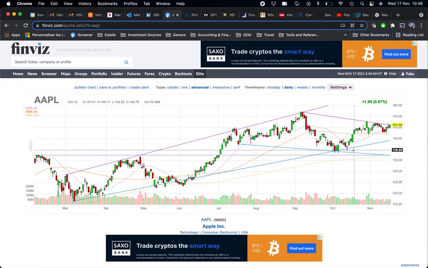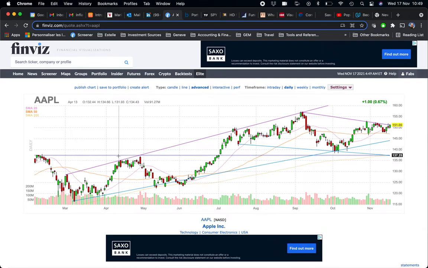You can put your stop loss at 139 or even a little bit below this horizontal support line. You see here at 138, 137, we have a nice area of support where the price used to bump and go up again.